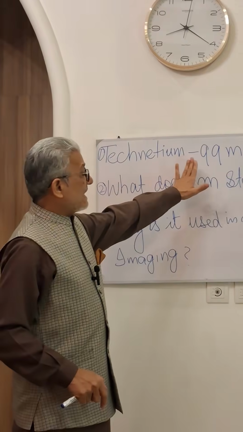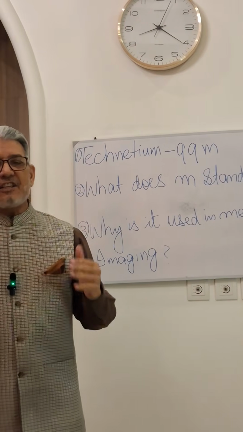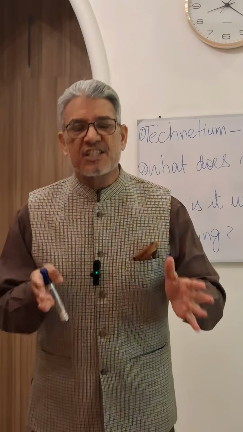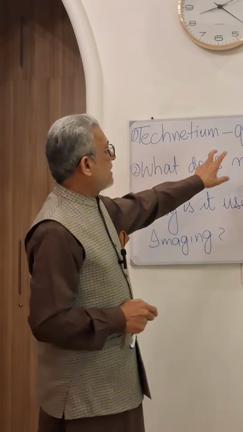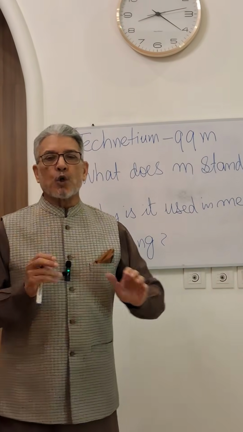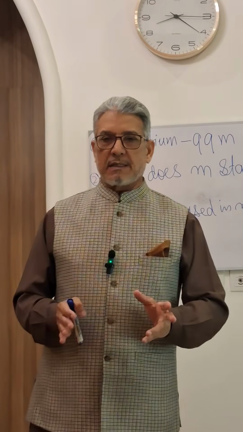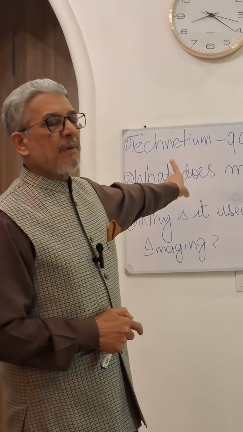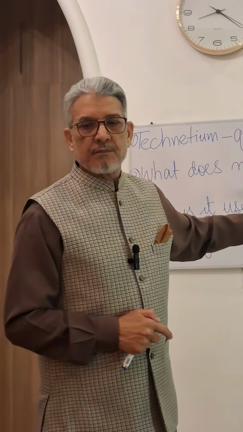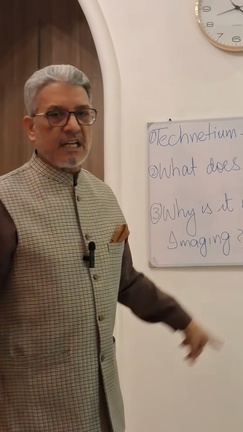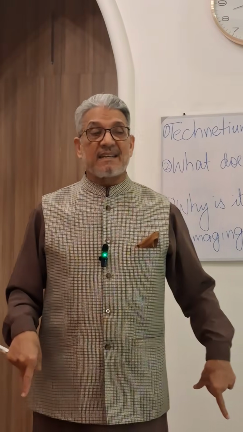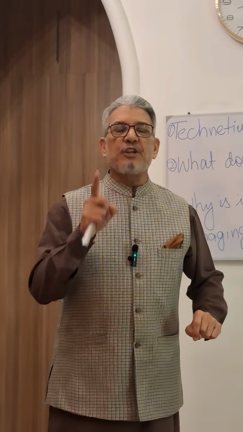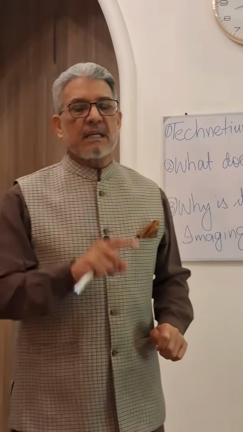Now, what is 99? 99 is its mass number, which means 99 includes both protons and neutrons. And you know, its atomic number is 43. In the periodic table, you will find it in transition metals. So 43 is its atomic number. It means it has 43 protons.